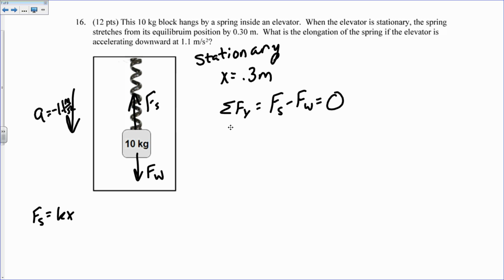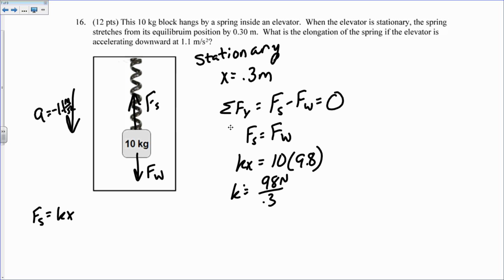And so Fs equals Fw. That is kx equals 10 times 9.8. So k equals 98 over x, which was 0.3. And so my k is 330 newtons per meter. All right, so that gives me k.